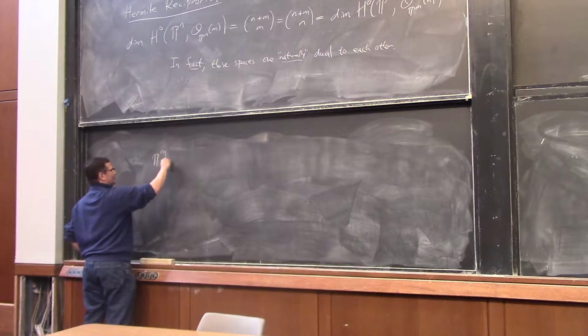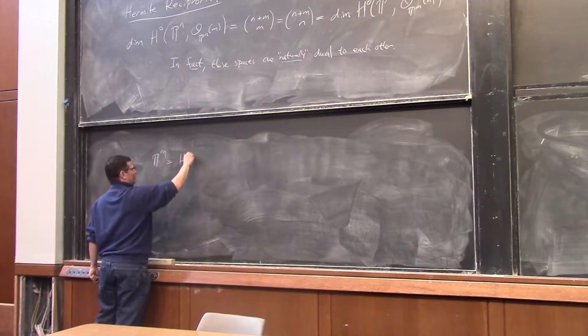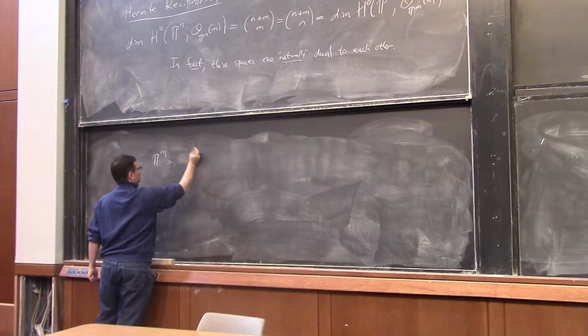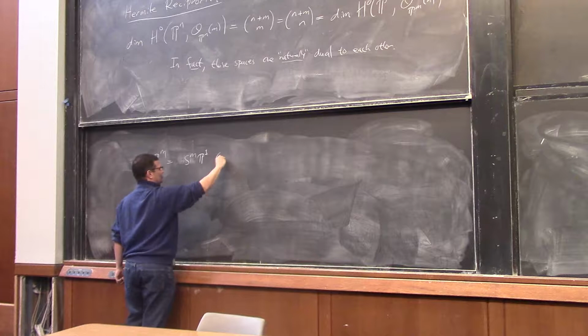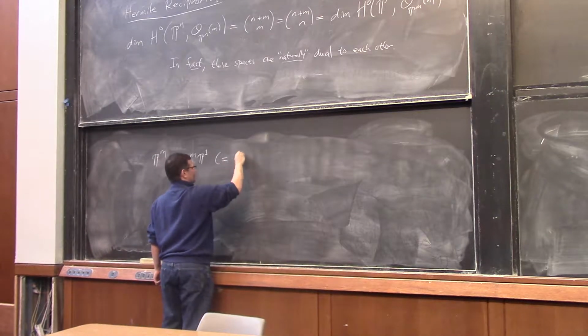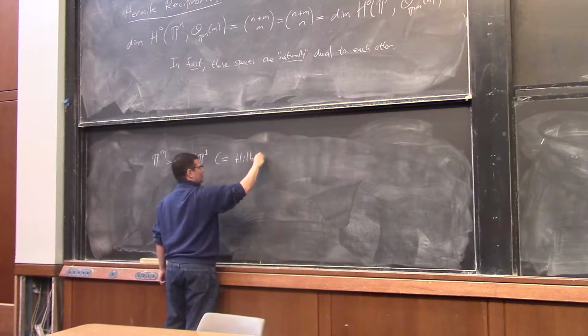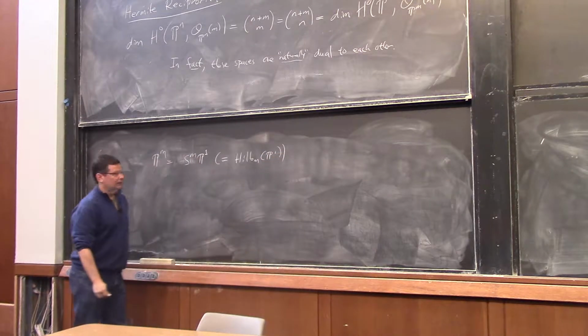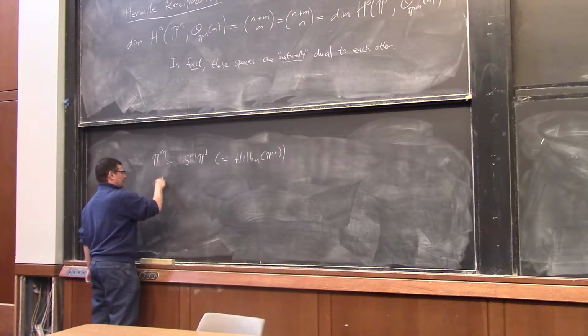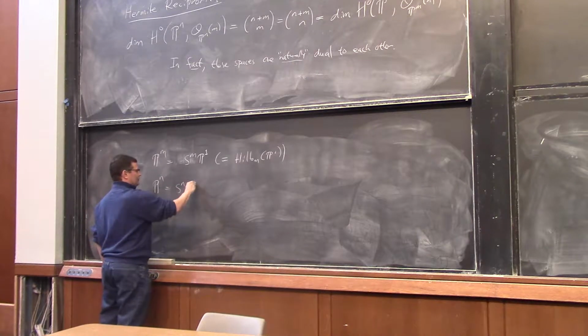I want to think of Pm as, maybe I'll think of it as the Hilbert, or actually probably better to think of it as the symmetric mth power of P1, which is equal to the Hilbert scheme of m points on P1. And I have Pn, which is Sym n of P1, similarly.